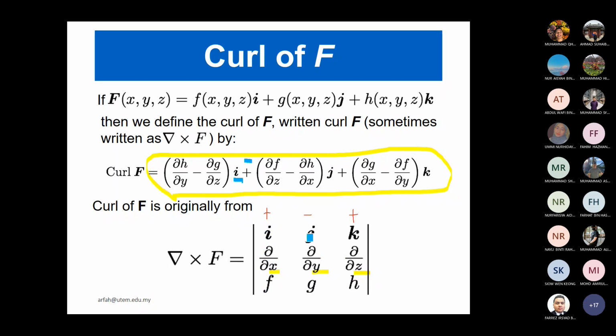Okay, so from here tutup j punya column, then you are going to have delta x over delta h, this one. Okay, tolak delta h over delta x minus delta f over delta z.